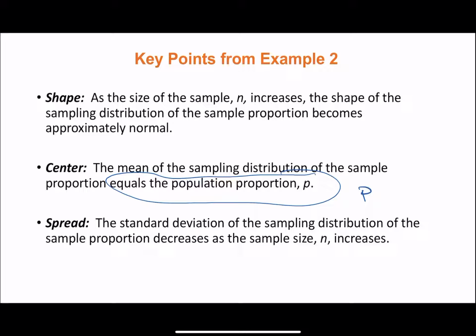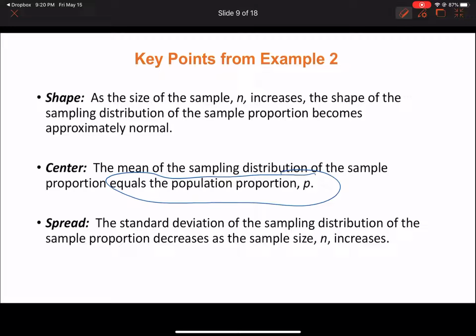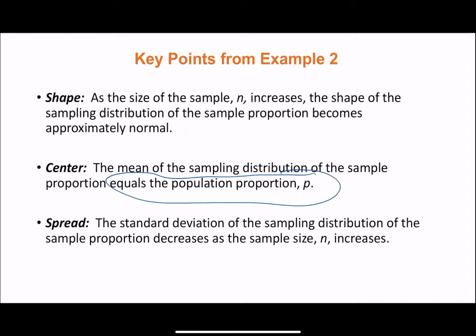So my mean is going to equal p. P is the population proportion. And the standard deviation of the sampling distribution is going to get smaller and smaller as n increases. I already said that, but I can't emphasize that enough.